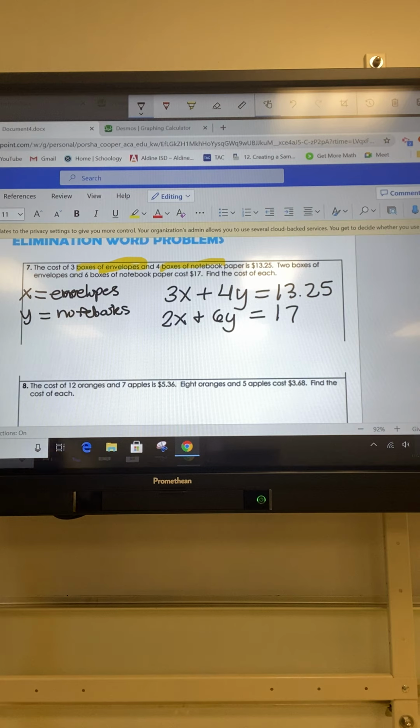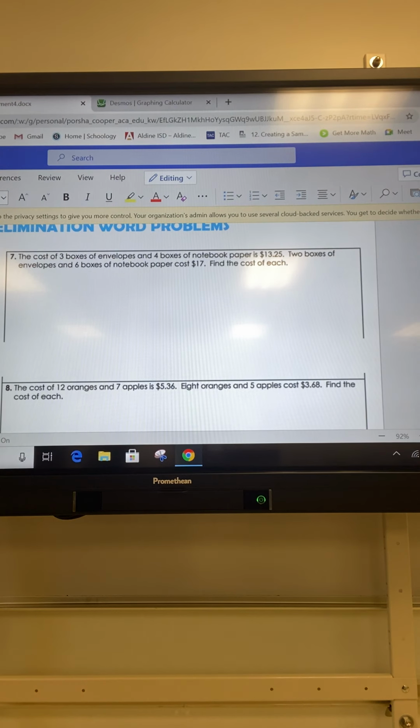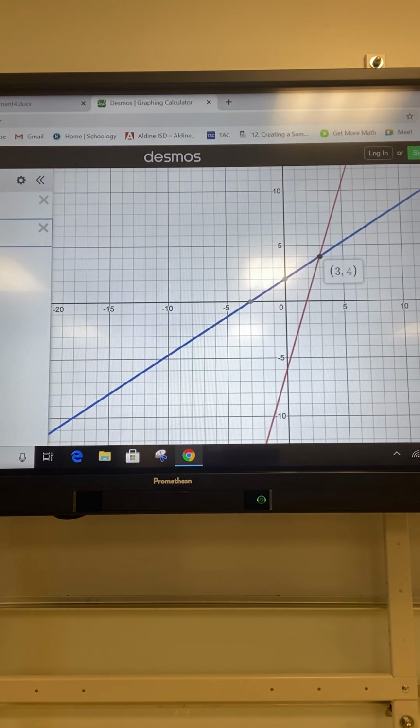Again, we can use one of the methods that we saw earlier, and we can solve that. I'm going to take a shortcut, and I'm going to use Desmos here in order to figure out what is the cost of each. All right, so we know that these are our two equations. So I'm going to go to Desmos.